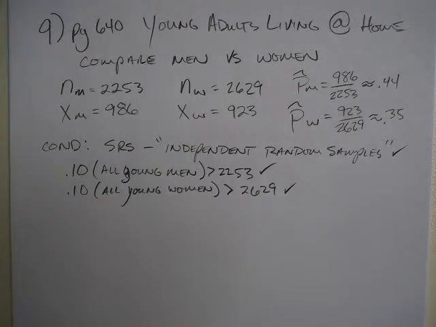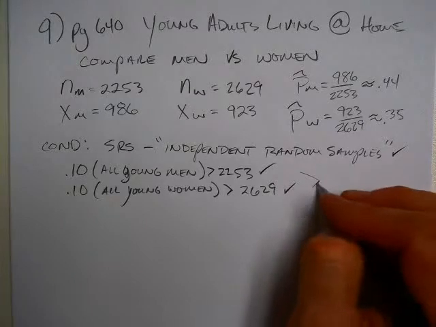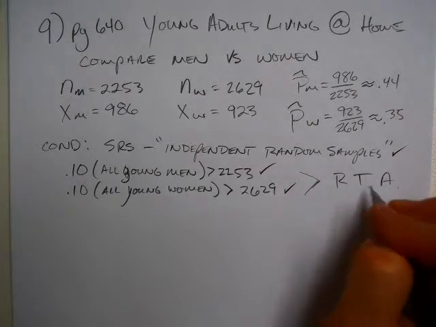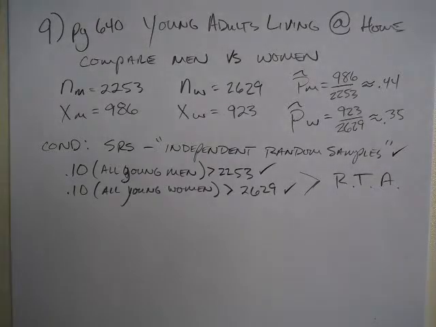I think if I was doing this for real I would definitely say this is reasonable to assume. So for our purposes for this class, RTA is a thing. We'll call it RTA, reasonable to assume. But please don't use RTA on the AP test. Okay? Spell that out. It's reasonable to assume that the population of young men and women are greater than the sample size by more than 10 times. Okay. Now, is it normal?